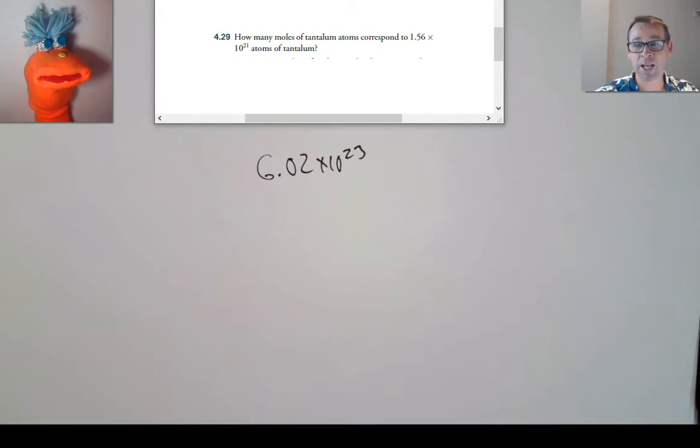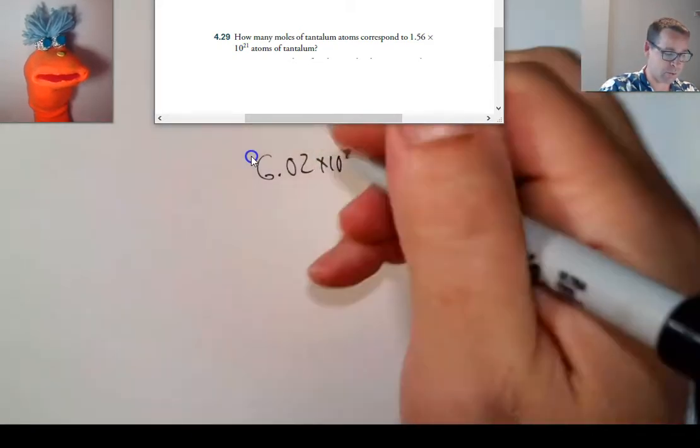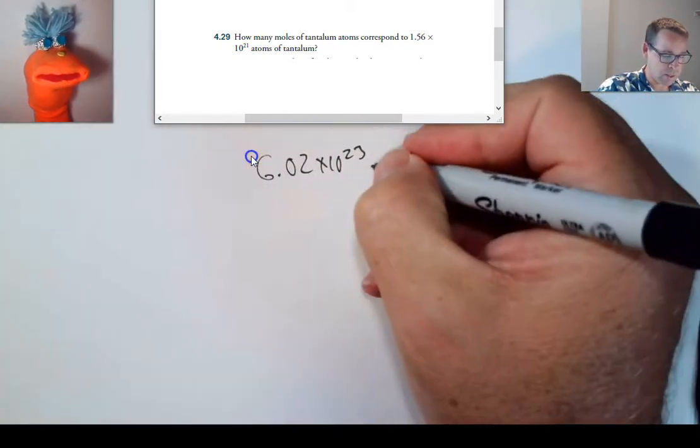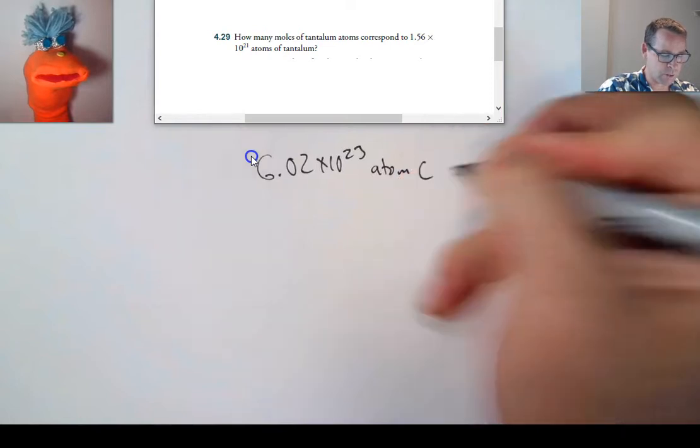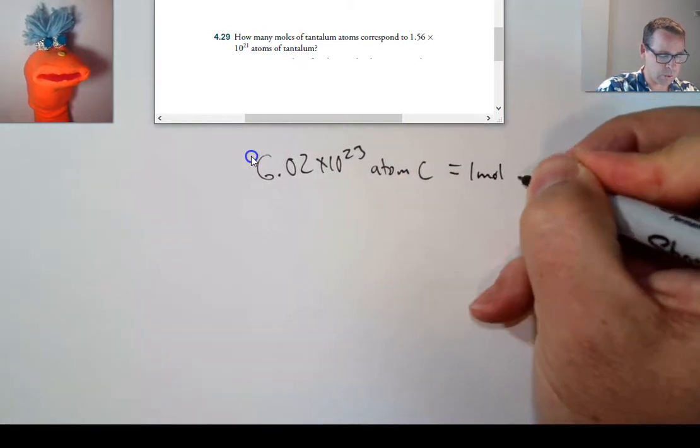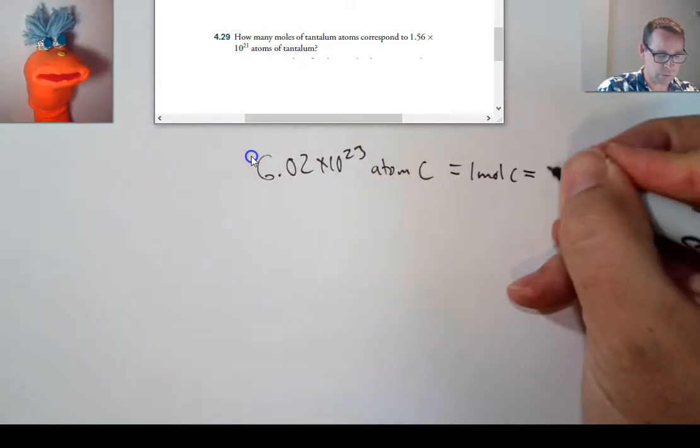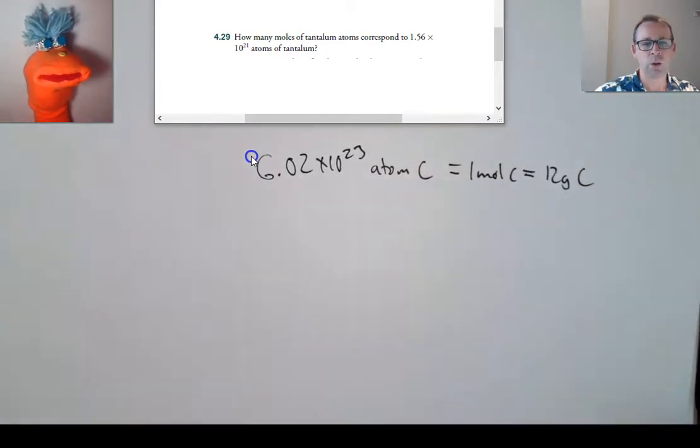Then we found out how many atoms there were in 1 mole of carbon, or 12 grams of carbon. So this is how many atoms of carbon there are in 1 mole of carbon, which is 12 grams of carbon. So all those are the same.